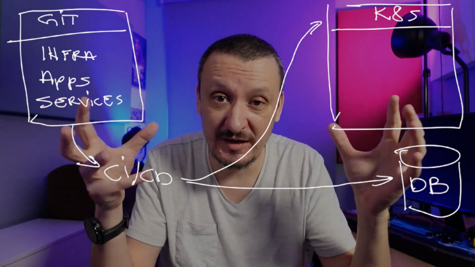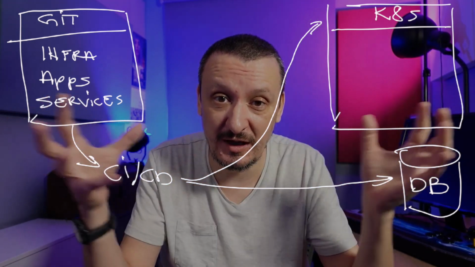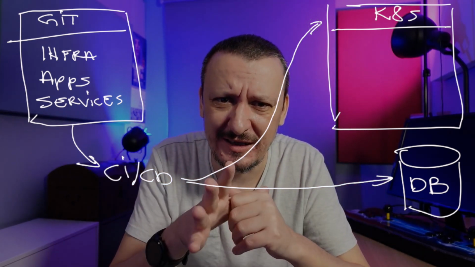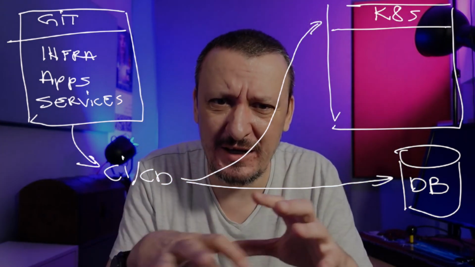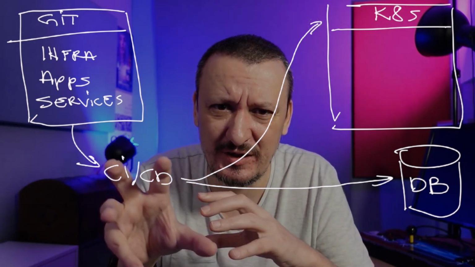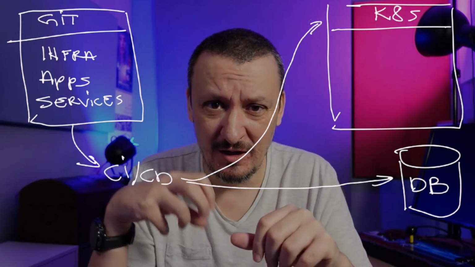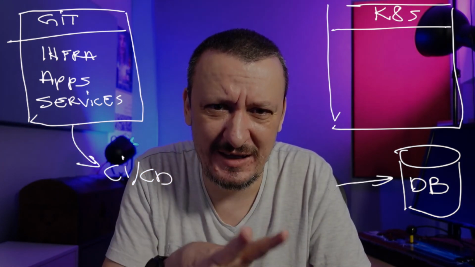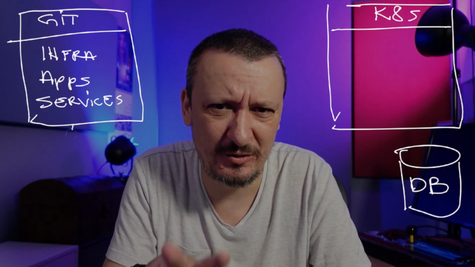We need a process that will monitor those two states and make sure that they are almost always in sync. CI/CD pipelines or any type of one-shot processes that are reacting only on changes to a Git repository might not be the best idea. It was in the past, it's not today.